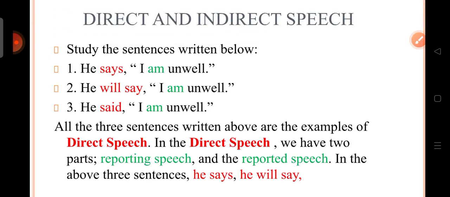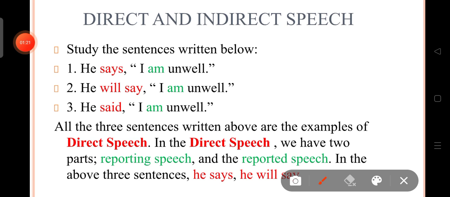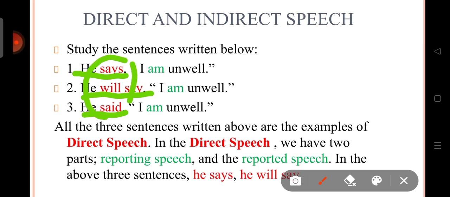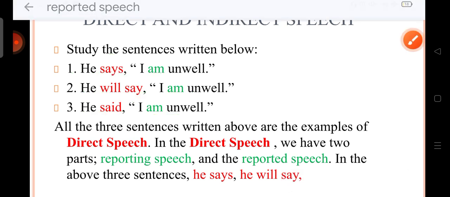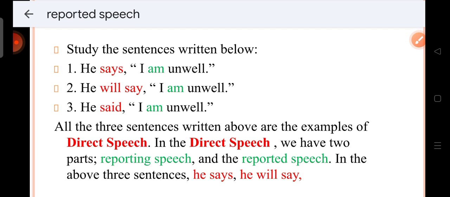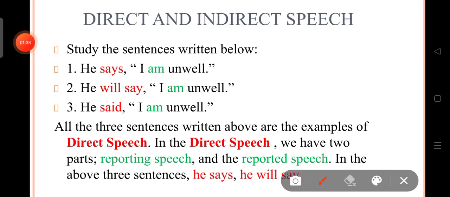Look at these: he says, he will say, he said. These are the verbs. There are other verbs also. So these are called the reporting verb. This is a reporting verb.